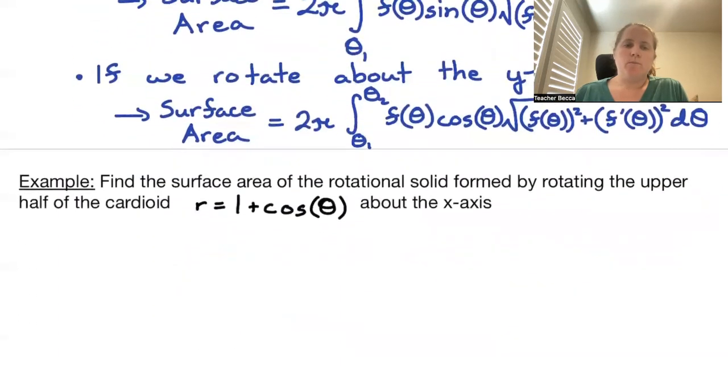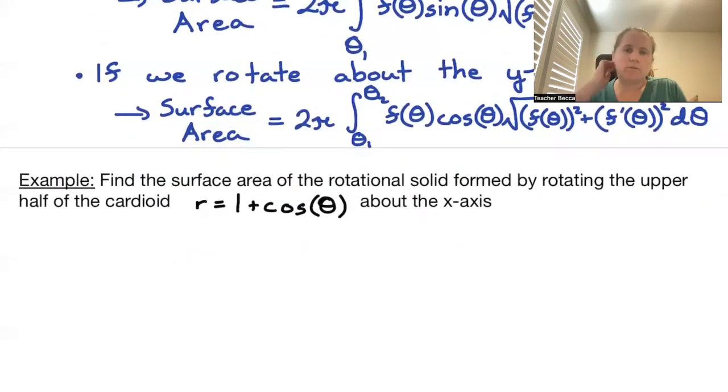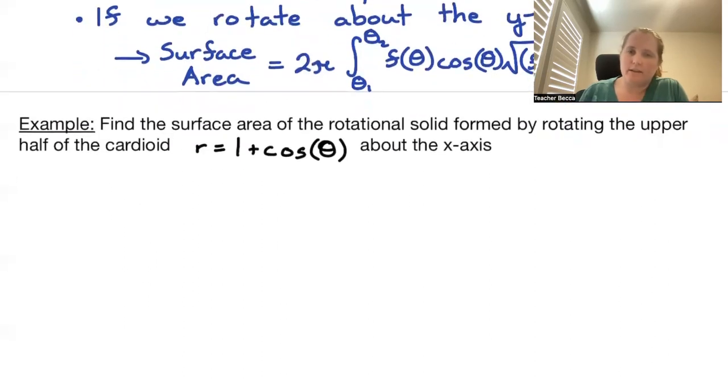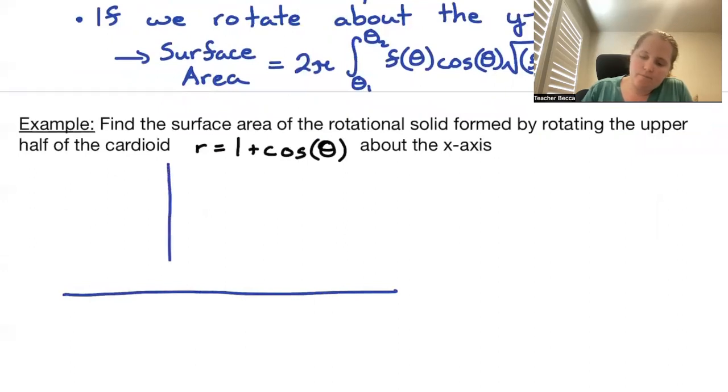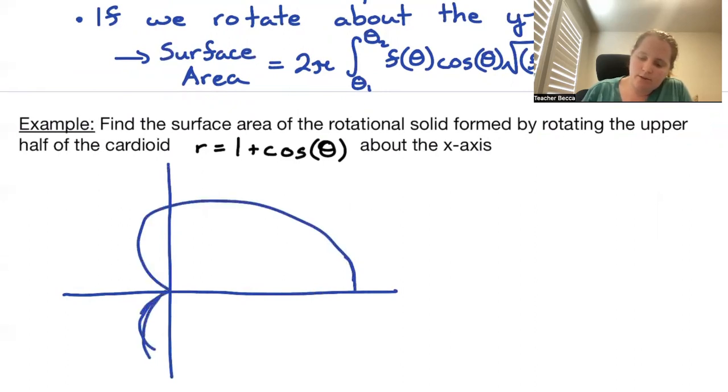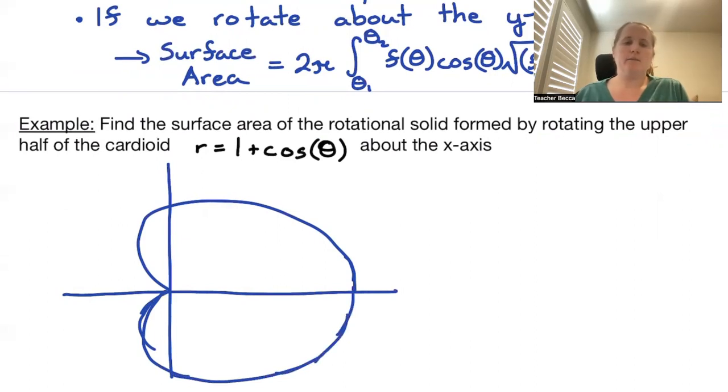So for example, let's find the surface area of the rotational solid formed by rotating the upper half of the cardioid, r equals 1 plus cosine theta, about the x-axis. So our cardioid looks somewhat like a sideways heart, a curved sideways heart, sort of sideways on the x-axis.